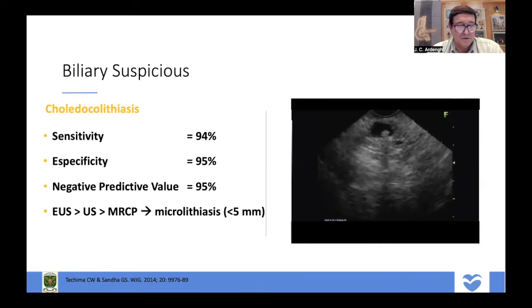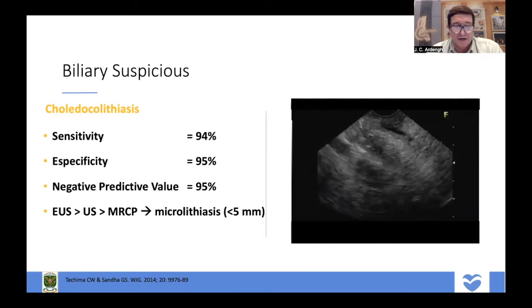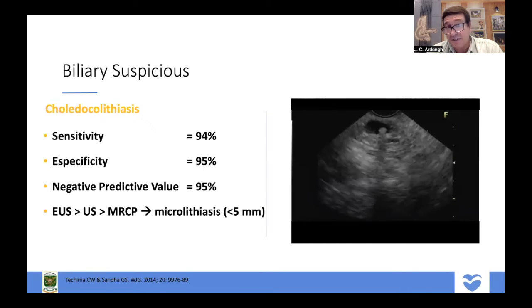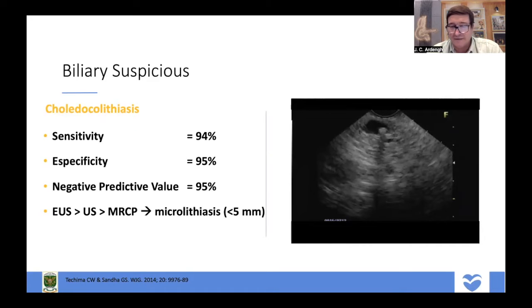This video shows a microcholedocholithiasis in a patient with clinically suspected CBD stones, but CT and MRCP were negative for identifying their presence.